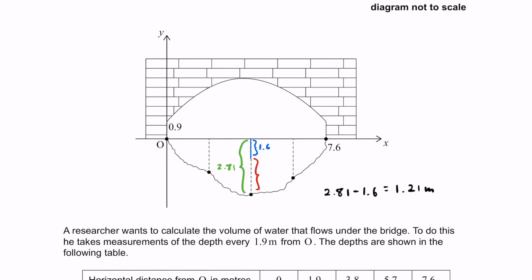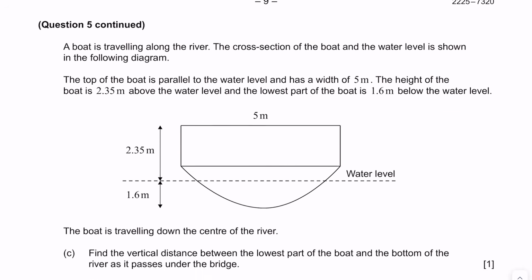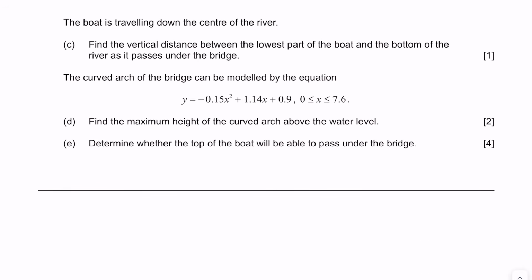That is to say, right where we essentially split this quadratic. So we would expect it to be right here, if that is indeed the center or the midline of this quadratic. So the axis of symmetry rather, not midline. So let's go and graph this function, and then we can find the maximum height above the water level.